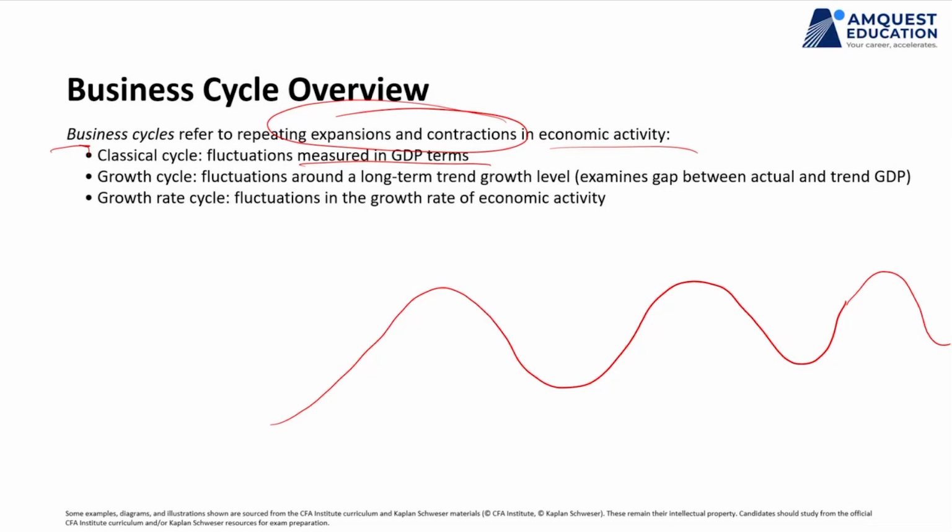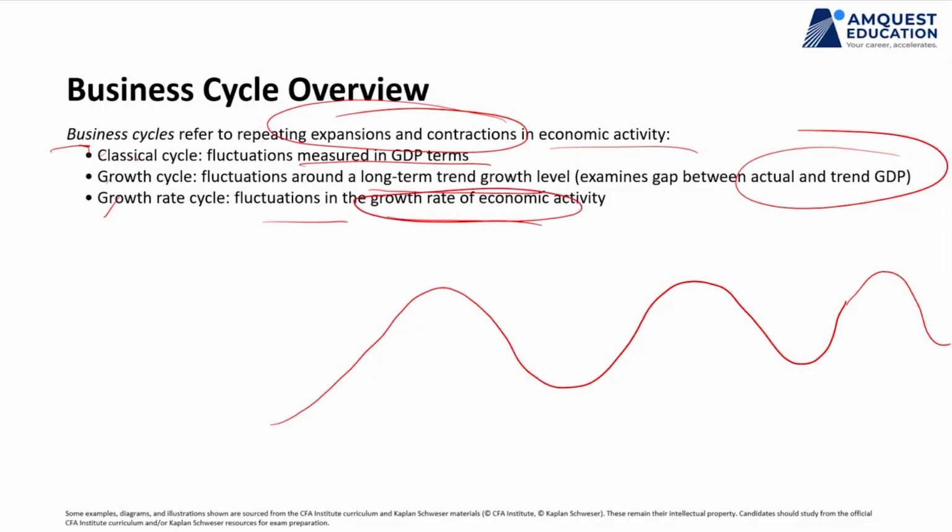In the growth cycle, we look at fluctuations relative to the long-term growth level, that is, the GDP trend compared to actual GDP. In the growth rate cycle, we look at fluctuations in the actual growth rate of the economy.